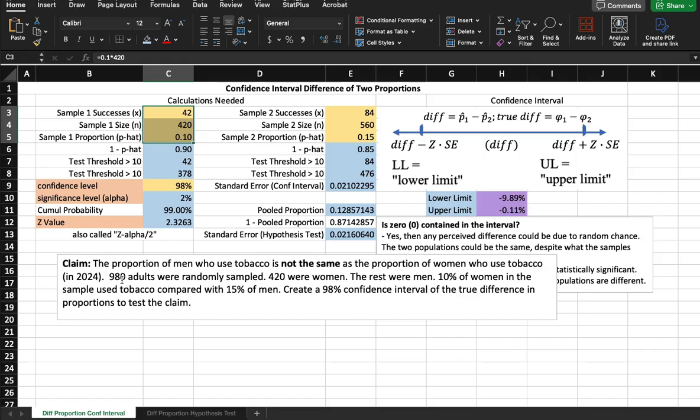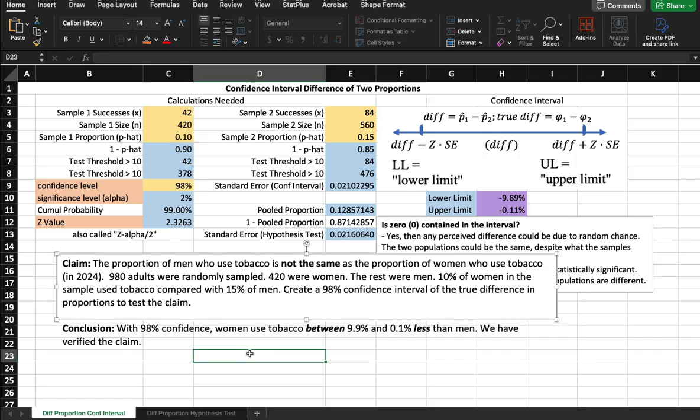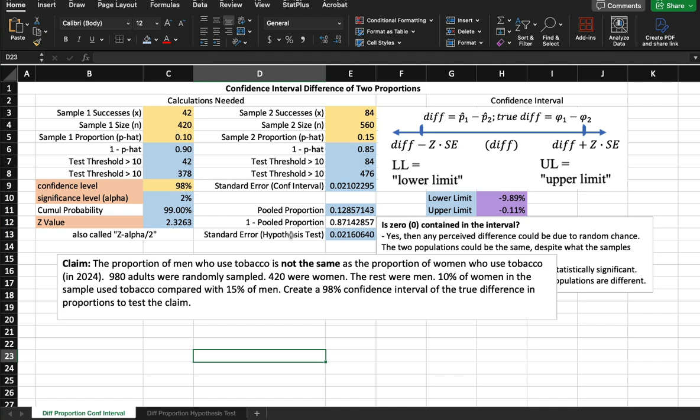All right, so first thing we're going to do is just get our numbers in. Basically we have 980 adults and 420 of them were women. So that's the first number that I typed in. It's in cell C4 here because that's our sample size of women, and that's 420. So I literally just typed in the 420.